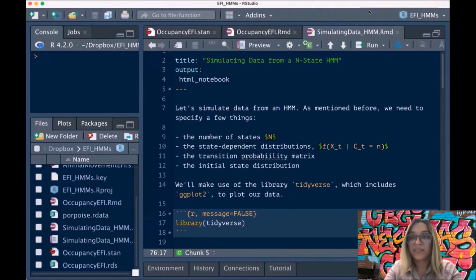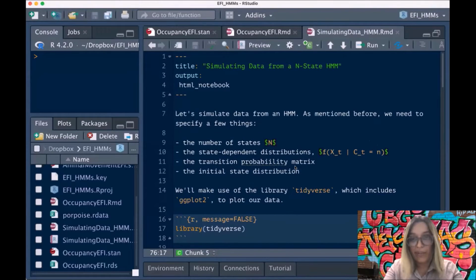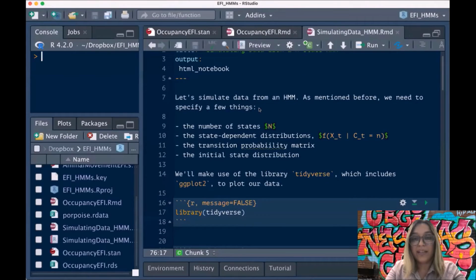Beyond just fitting hidden Markov models, understanding the types of data that different parameters simulate provides really good intuition into whether this is actually useful for your process or not. So we'll simulate data from a hidden Markov model. We specify the number of states, the state-dependent distributions, the transition probability matrix, and the initial state distribution.